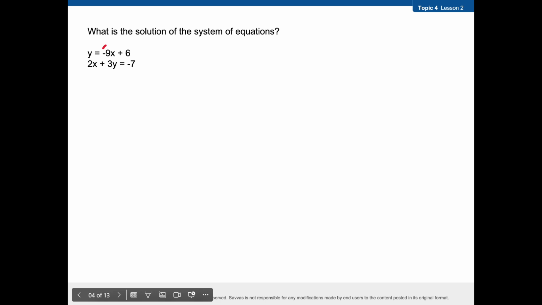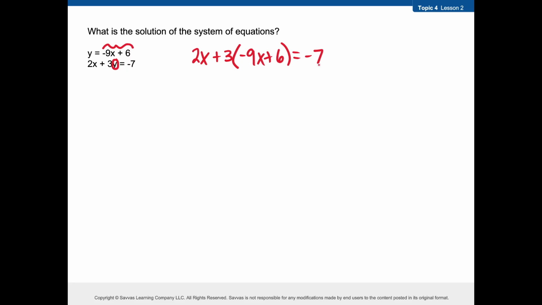Y equals, again, I can now go ahead and substitute where the y is on the bottom equation. So 2x plus 3 times negative 9x plus 6 equals a negative 7. Be careful when you distribute, watch your signs. A negative 27x, 3 times 6, positive 18 equals a negative 7.